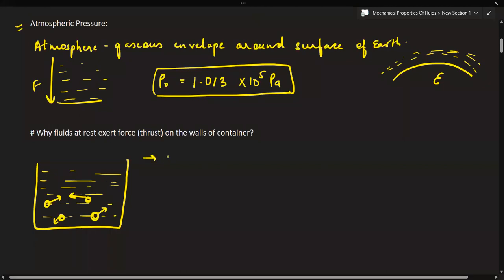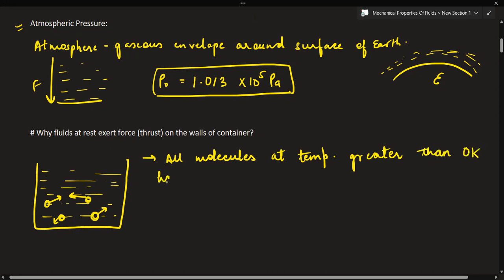I'll write it down for you. All molecules at temperature greater than 0 Kelvin have thermal energy, or for understanding it for now, you can say this thermal energy is actually the kinetic energy.